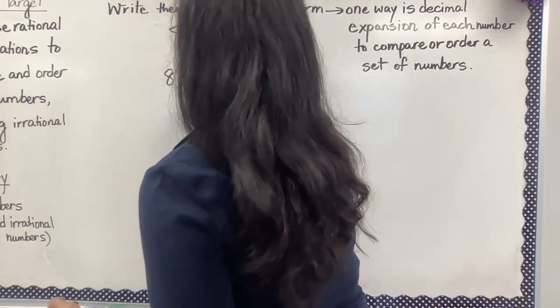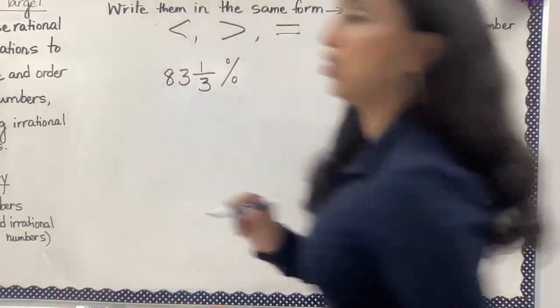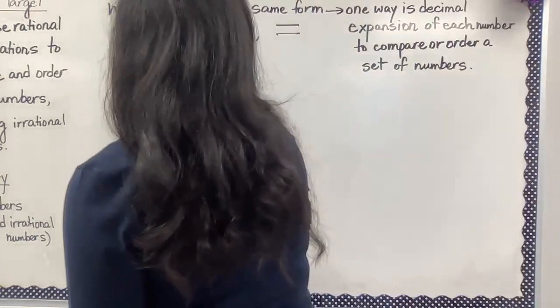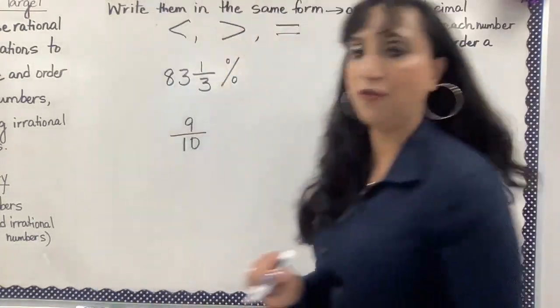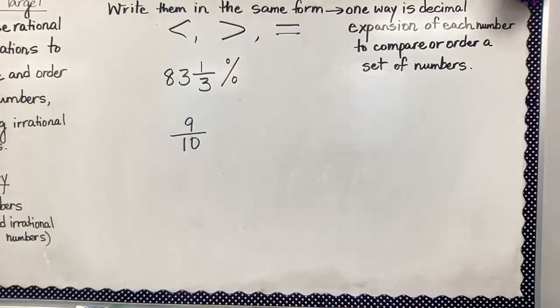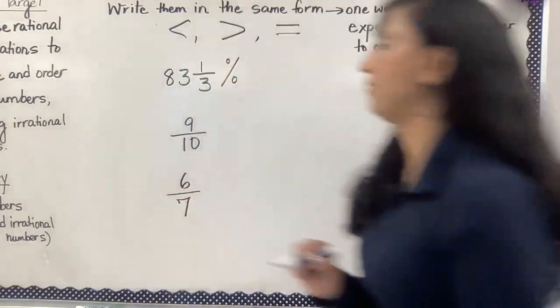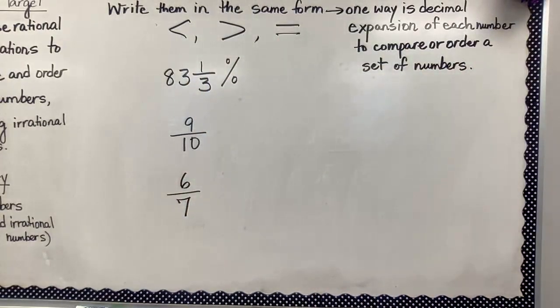On Thursday there's a 9/10 chance of rain. And on Friday there's a 6 out of 7 chance of rain. So on which day is there the greatest chance of rain?